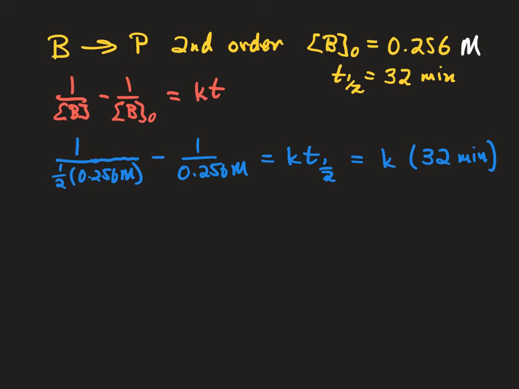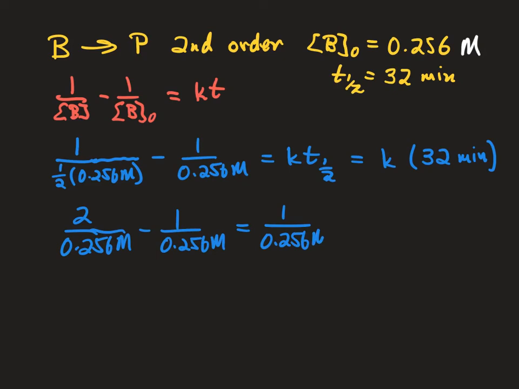And so if we do a little algebra here, we get 2 over 0.256 molar minus 1 over 0.256 molar. That's equal to 1 over 0.256 molar, and that is equal to k times our 32 minutes.